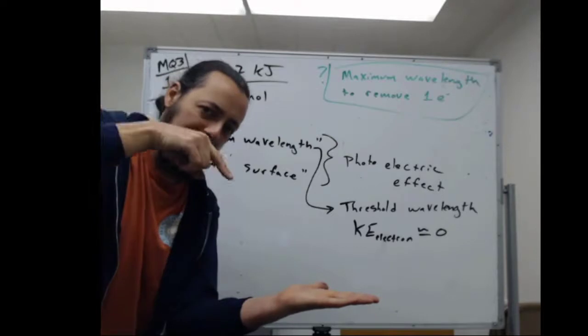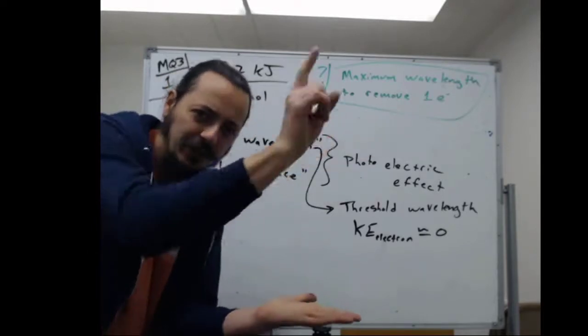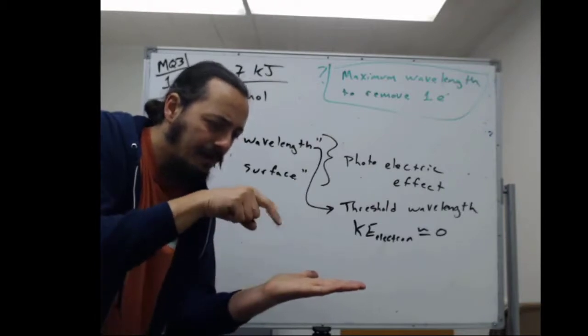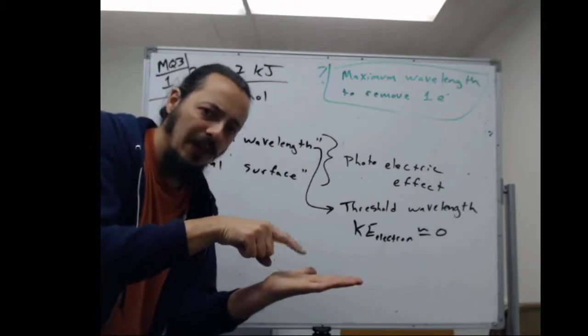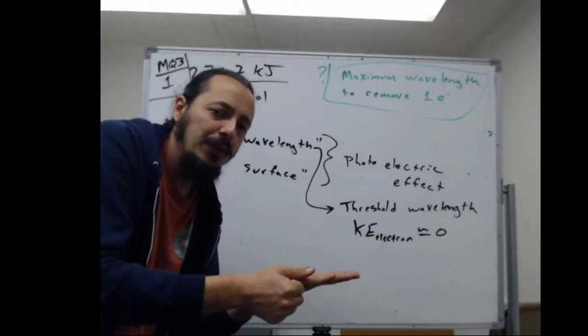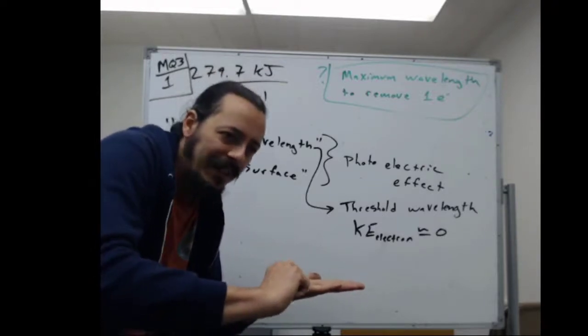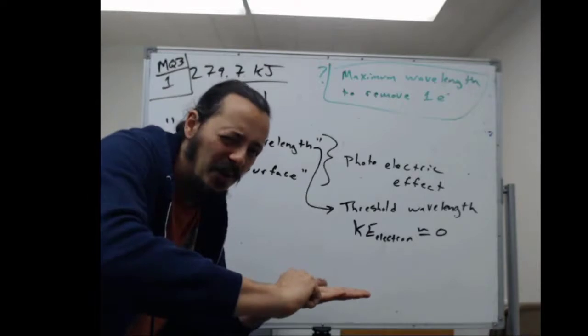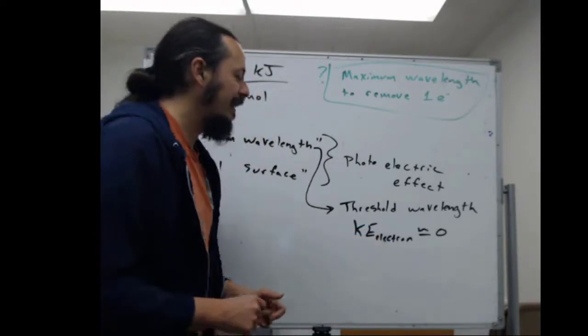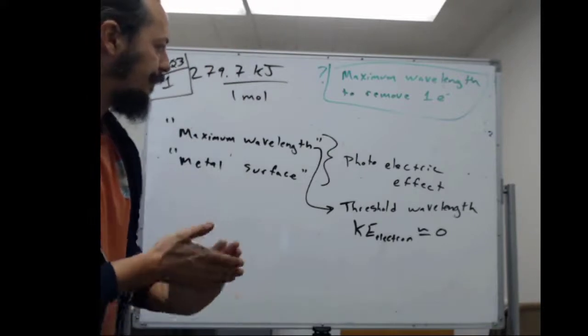We have to hit it with a certain amount of energy to get an electron to shoot off. We can imagine that spot where it goes from no electrons to some electrons, that's going to be the threshold. And that's going to be right where the kinetic energy switches from 0 to just barely not 0. And so we're going to be looking for that idea where the kinetic energy of the electron is 0.